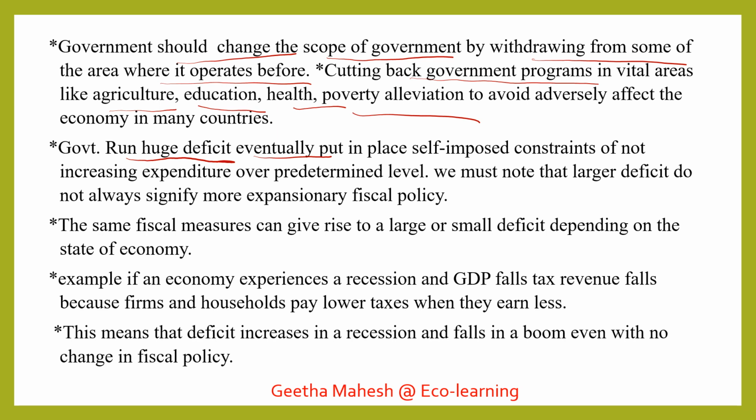For that purpose, they have to impose a self-imposed constraint not to increase expenditure over a predetermined level. If they decide to spend 10 crores, they should not spend more than 10 crores. While implementing, sometimes government expenditure exceeds this predetermined level. They have to impose a heavy restriction not to cross the predetermined level.